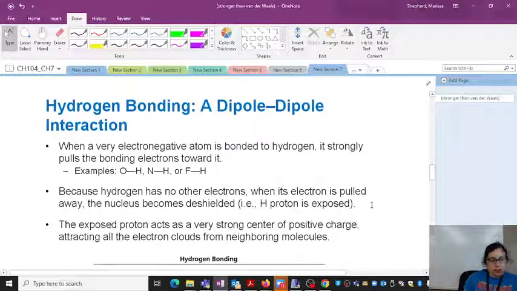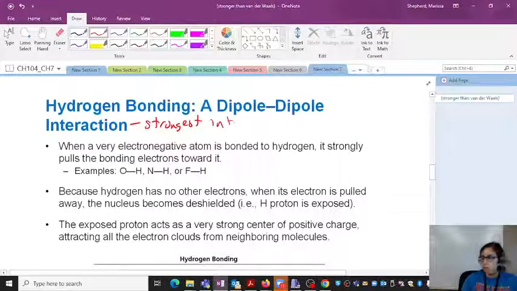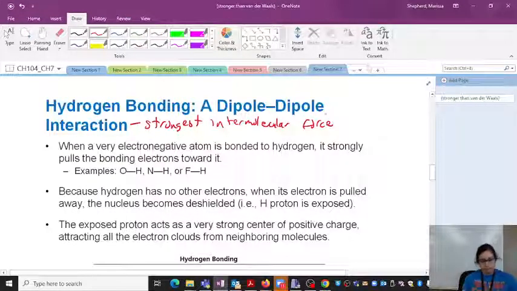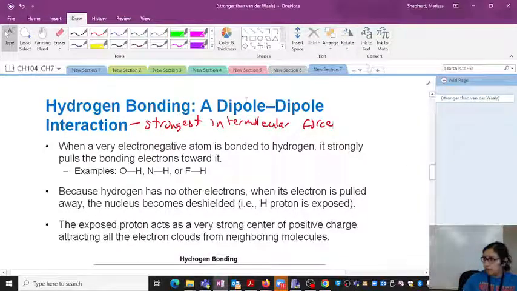So now we can look at hydrogen bonding. Hydrogen bonding is a special type of dipole-dipole interaction. This is also the strongest intermolecular force, unless you're considering ions in solution, but for the most part, it's usually referred to as the strongest intermolecular force.